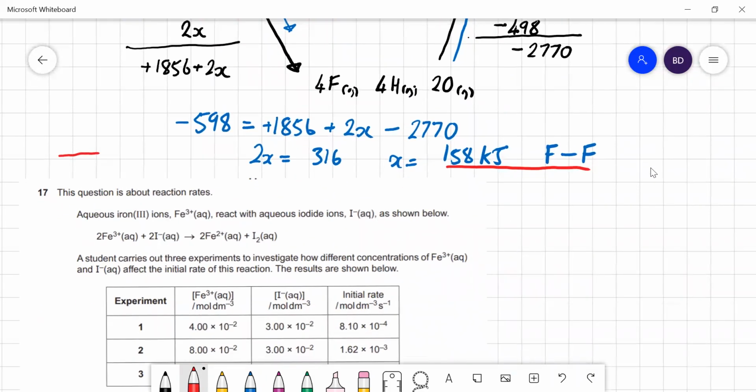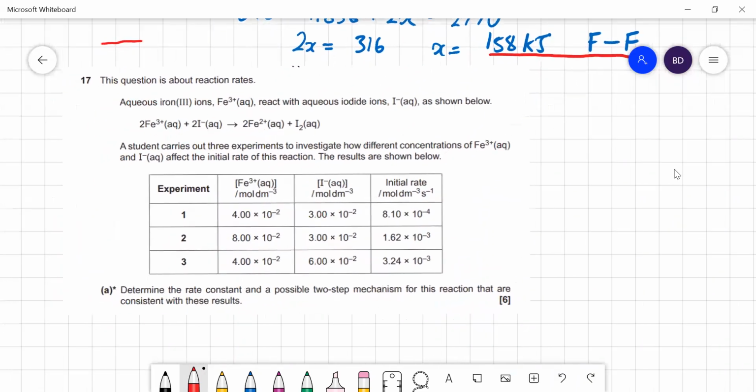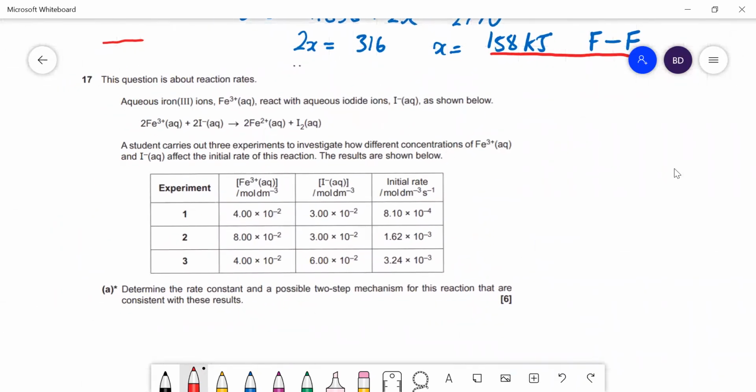Okay, rate of reactions, question 17. Right, Fe3+ ions react with iodide ions in this equation here. Okay, and we need to find out if they changed the concentrations of the two reactants here and worked out the initial rates. And what we've got to work out is the order of the reaction with respect to each component. Okay, so this is a 6-mark question.